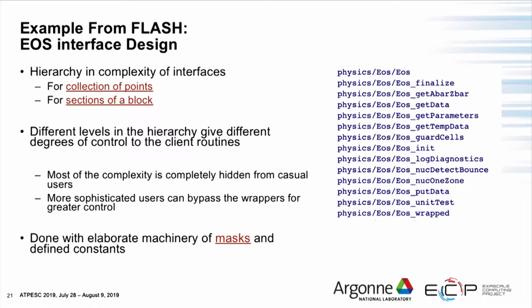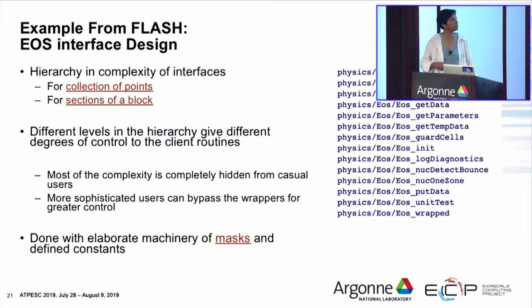So the way this was designed, this is the entire API of the equation of state unit. Some of these are, for example, the simplest one, which just does a single point calculation of equation of state. Many of these, like get data, get temporary data, put data, etc., are just for manipulating data, for feeding it to this particular unit in a vectorized way.